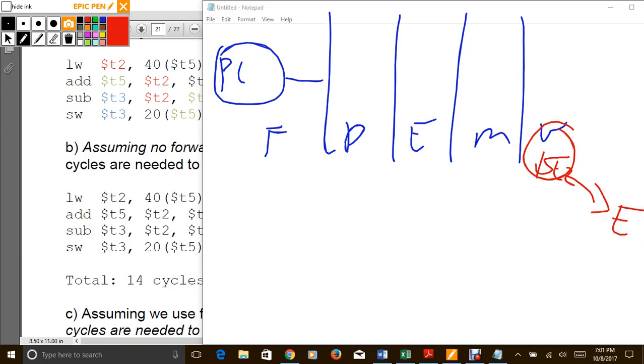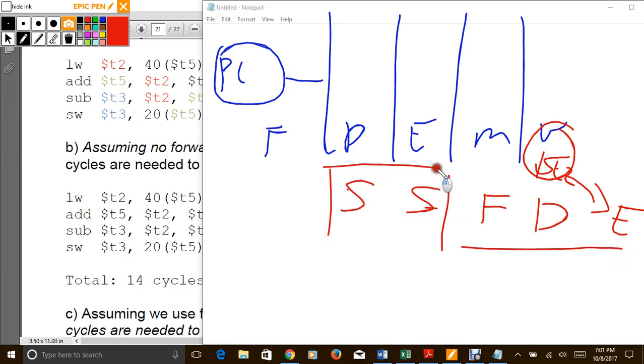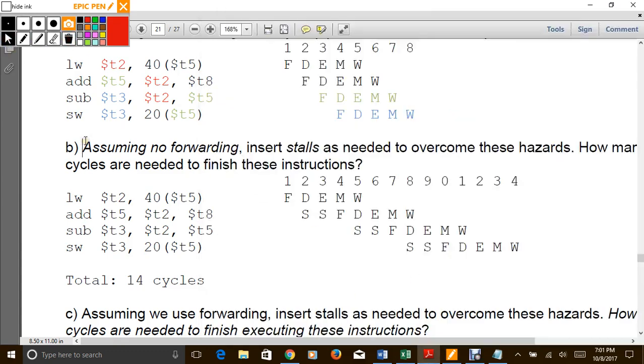So the trick I always use is I would do fetch and decode here, and then normally the fetch would start here, so I'd insert 2 stalls. That's where the operating system is telling it to wait to execute the instruction. So that's why we've inserted 2 stalls here.